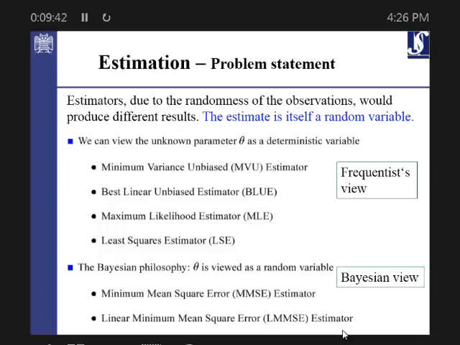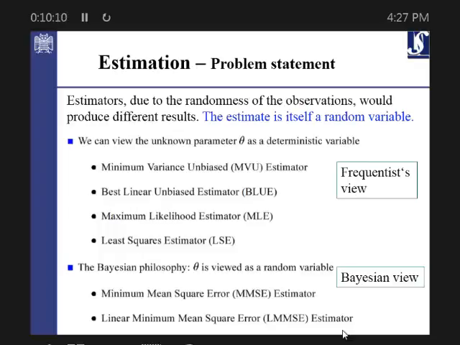Then we talk about the best linear unbiased estimators, the maximum likelihood estimator, which in most cases is the method we use, and the least squares estimators, which are very prevalent specifically in adaptive filters. When we come to adaptive filters, you'll see that least squares is one of the methods.